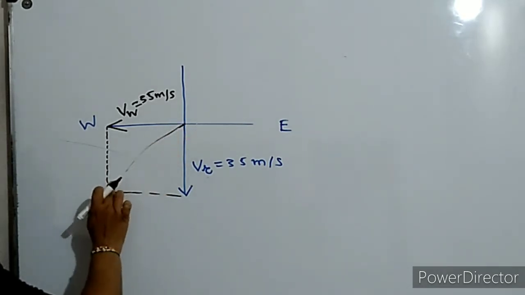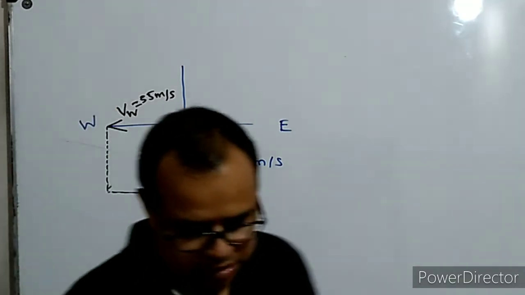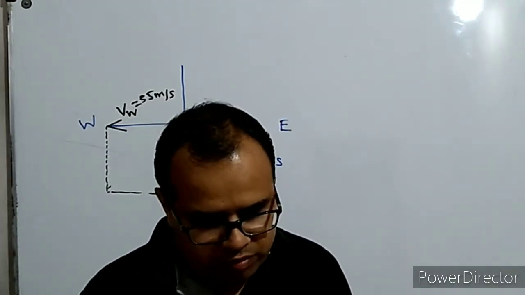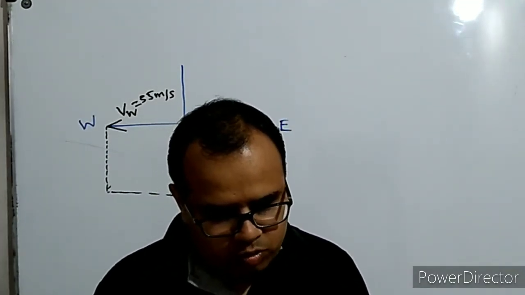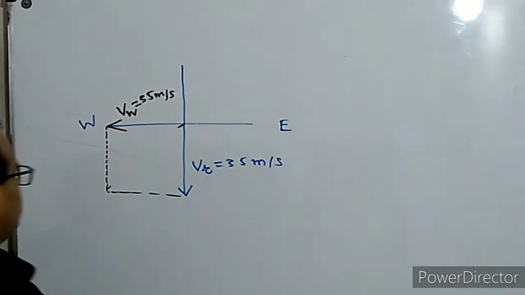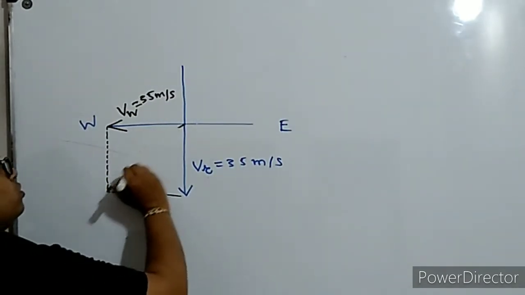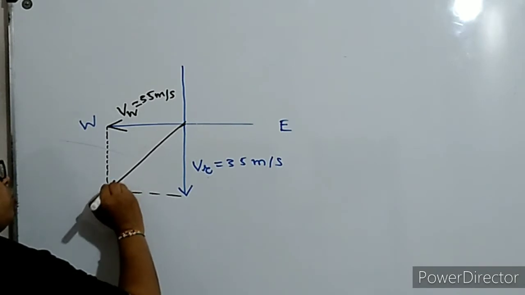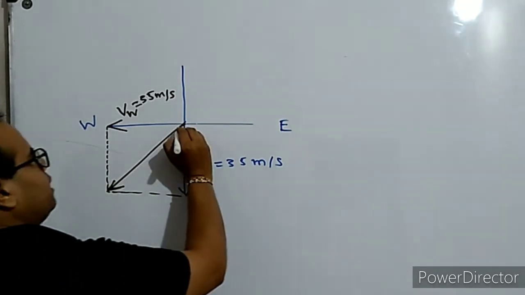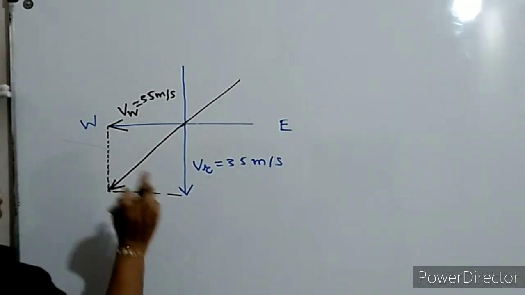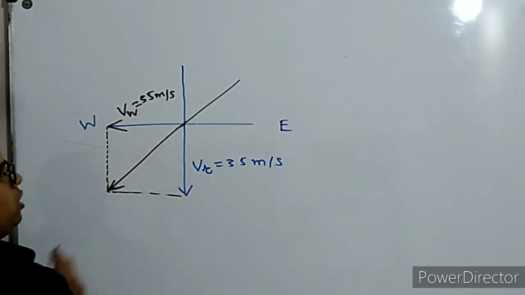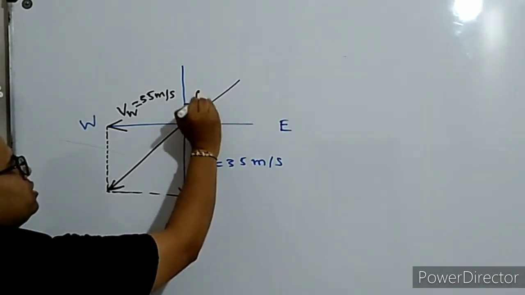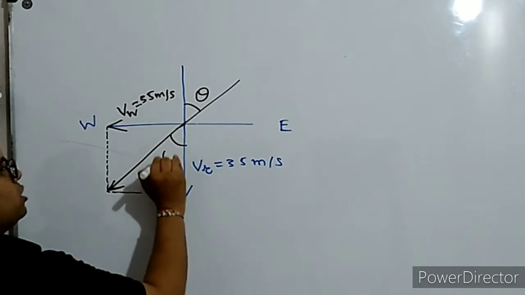And then we have to find in the question in which direction should a boy waiting at a bus stop hold his umbrella. So you have to find the direction in which the boy should hold the umbrella. For that, we will take the resultant of VR and VW. If this angle is say theta, so this is theta.